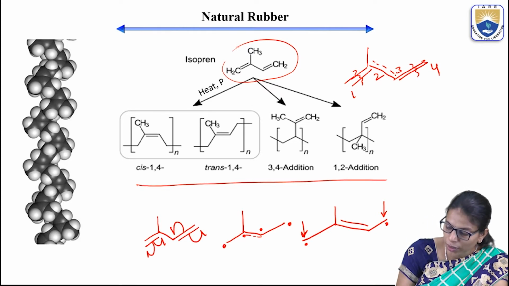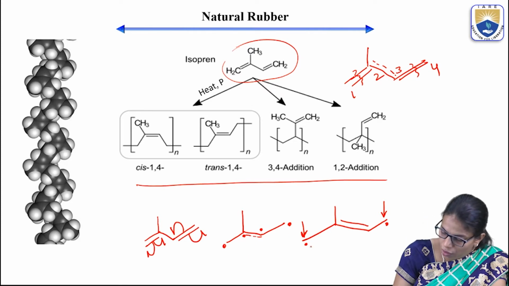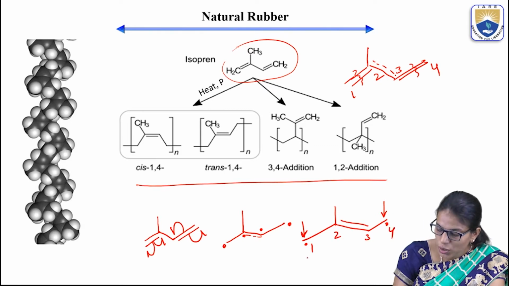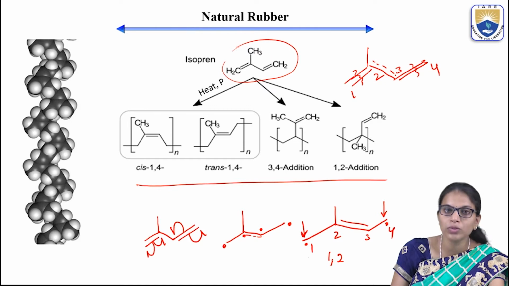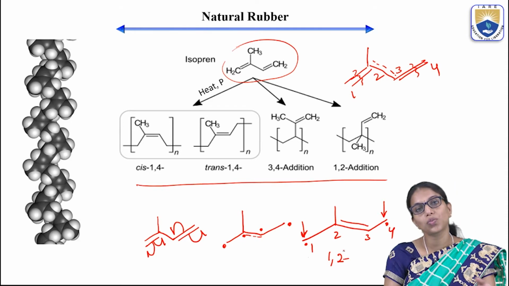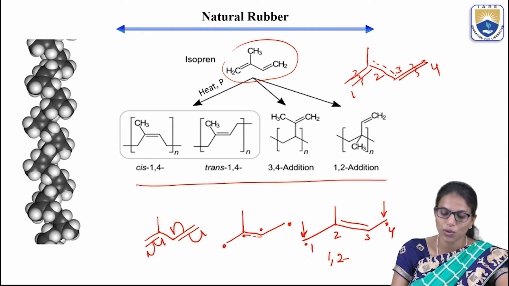So if we look at this position as I have given here, 1, 2, 3 and 4. On the basis of this, the numbers 1 and 4 we are talking about, if we are considering the 1 and 2 carbon, that is the cis position and trans position. On the basis of this, this is a cis position, cis 1,4 position, and this is trans 1,4 position.